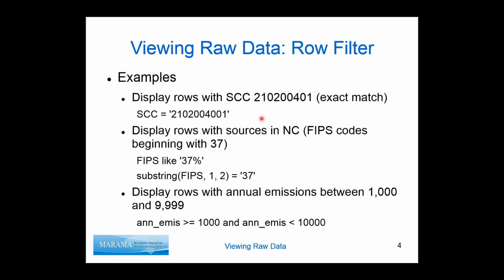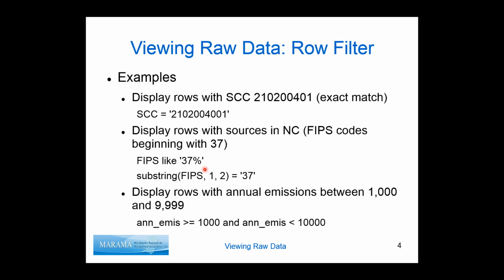If instead we wanted to do something a little more flexible, like display rows with sources in North Carolina, what that means is our FIPS codes are going to start with the characters 37, because 37 is the state code for North Carolina. In that case, we're not going to do an exact match, because we're not matching exactly the whole FIPS code. Instead, we're just matching the first two characters of the FIPS code.